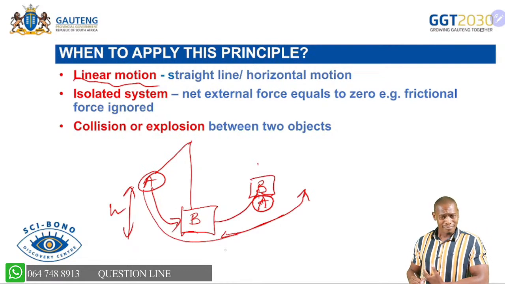Two, the system is isolated because frictional force is ignored. But three, the motion is not linear.